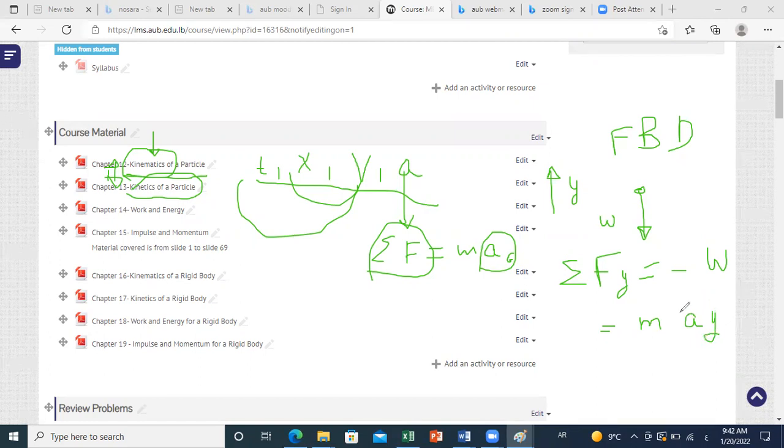So you can deduce from this relation what a_y is, because the weight can be written as mass times g. So I deduce that a_y is equal to minus g.